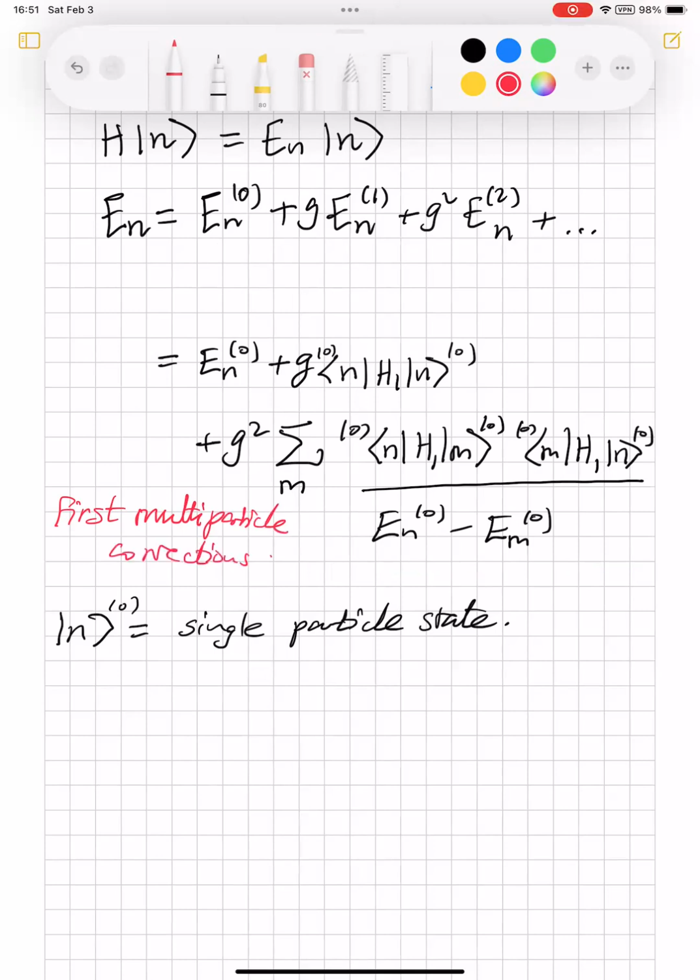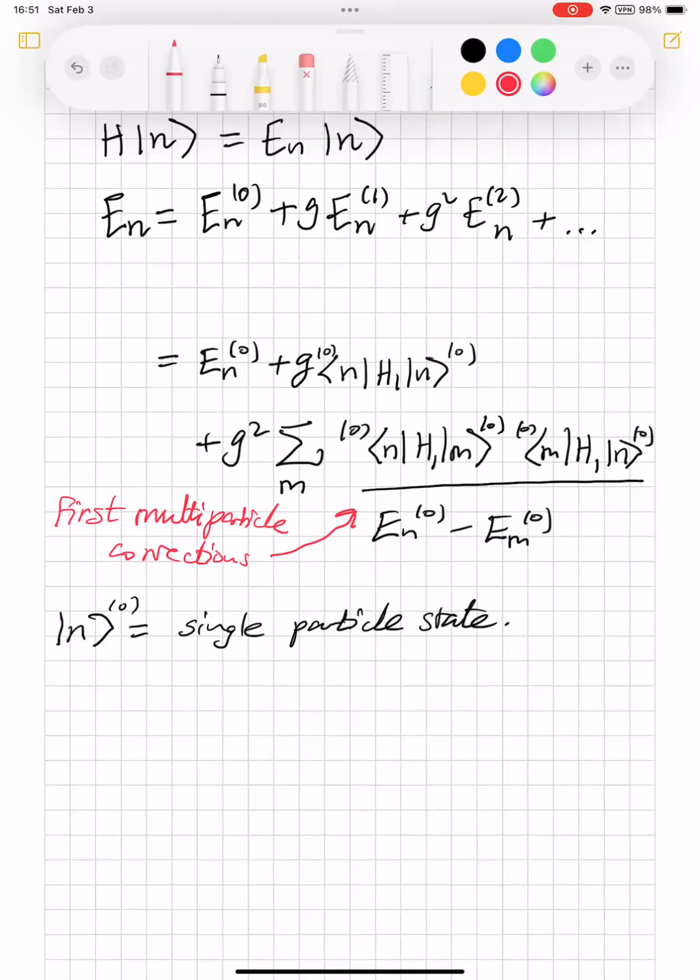They're inside this term sitting over here. And we want to estimate how big those multiparticle corrections are, so we had to go to second order. So we want to estimate how big the multiparticle terms are compared to the single particle terms.